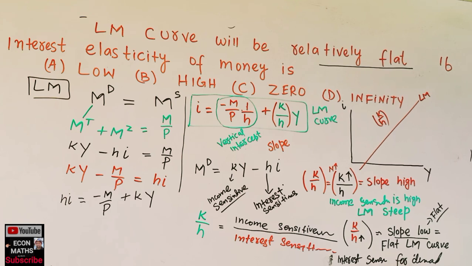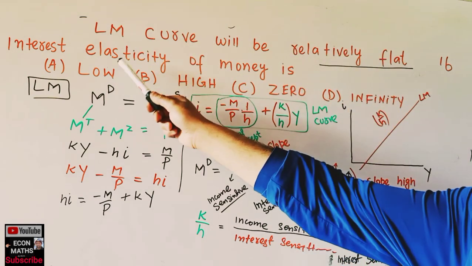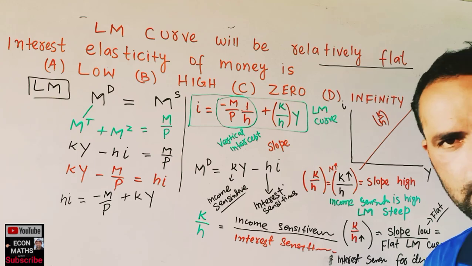The question tells us the interest elasticity, so it is synonymous here, loosely speaking. So the LM curve will be relatively flat if the interest elasticity of demand for money is high. Then our LM curve will be flat. I hope I made myself clear in this video. Thank you.